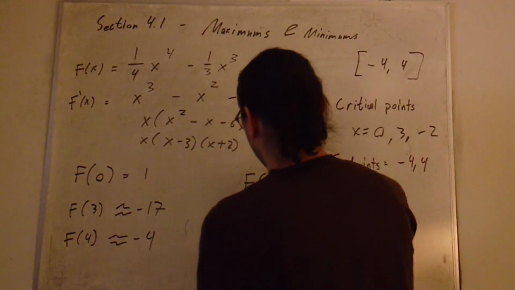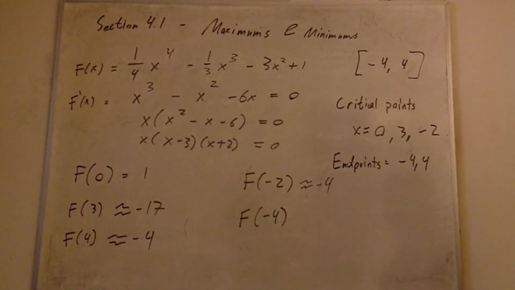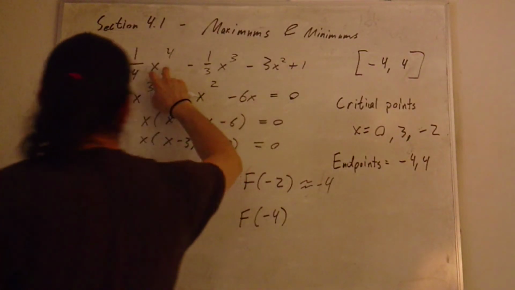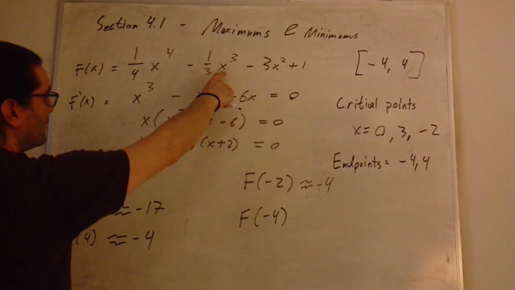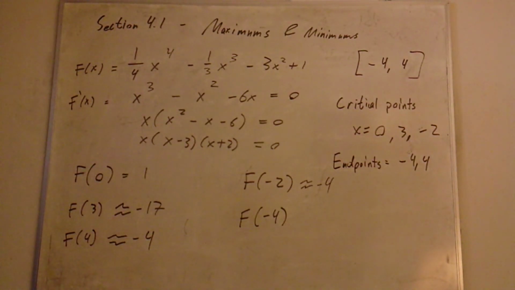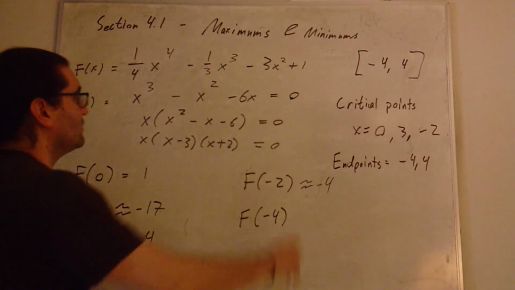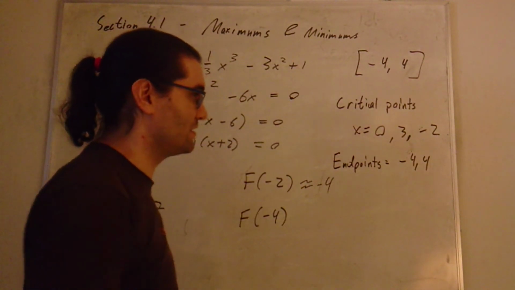And f of negative 4 should give me positive 64 plus 21-ish is 85 minus 48 is 37, 38.